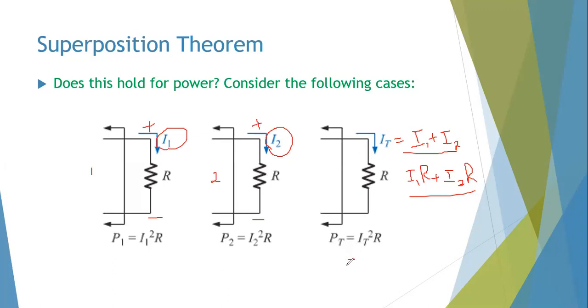If you replace the current by IT, we said IT is actually I1 plus I2. So we can replace IT by I1 plus I2. This is from superposition.